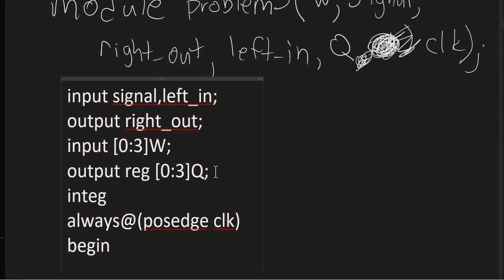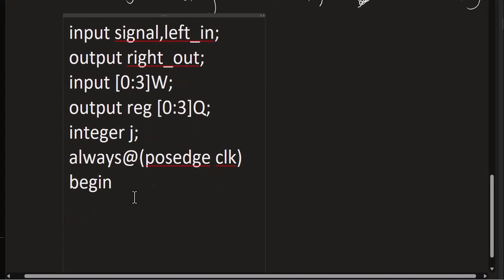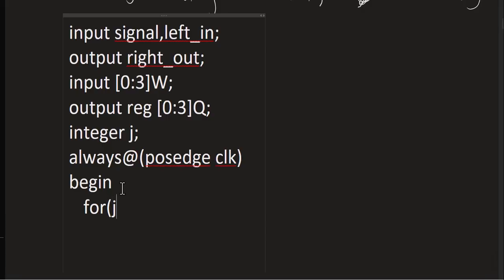I'll put in integer j, and I won't use that in, I'll just use 4. So I'll have for j equals 0, j less than 3, j equals j plus 1.